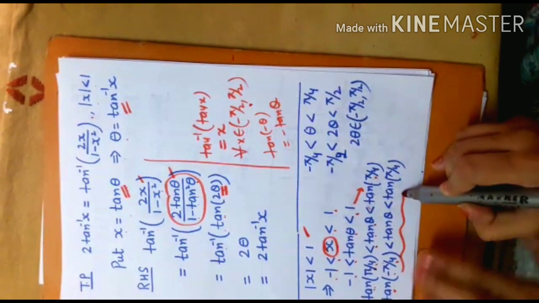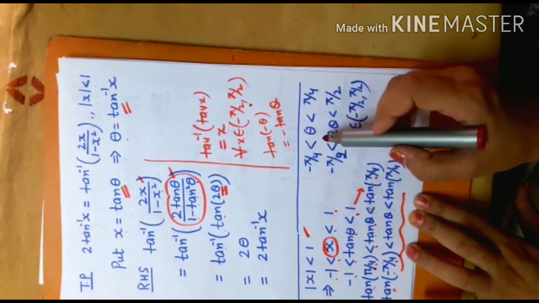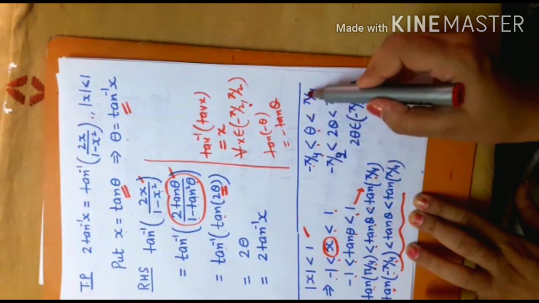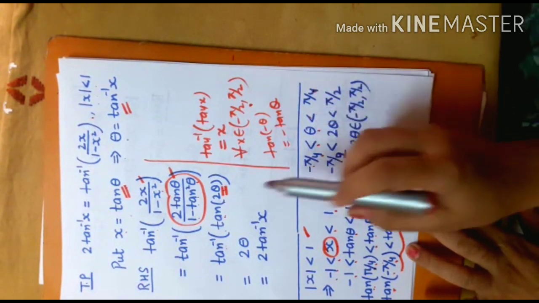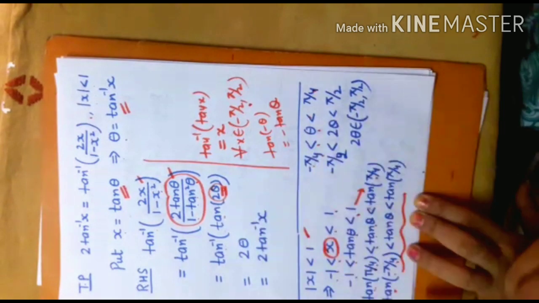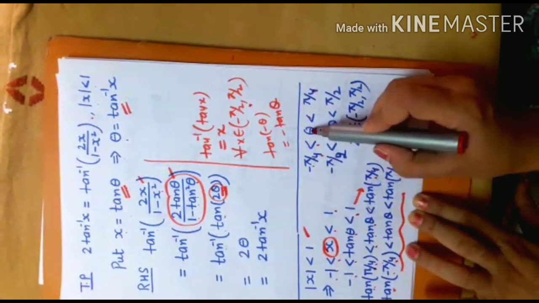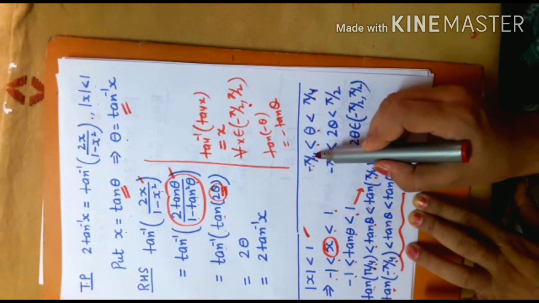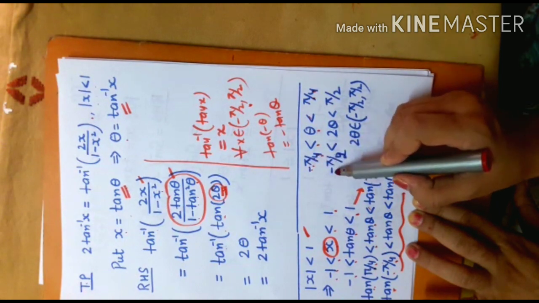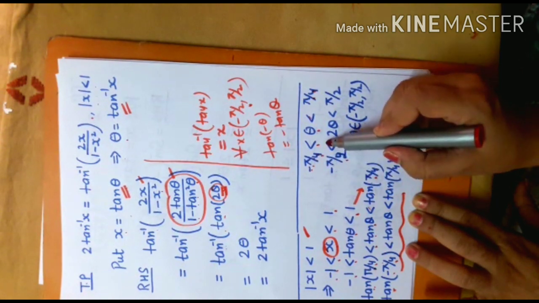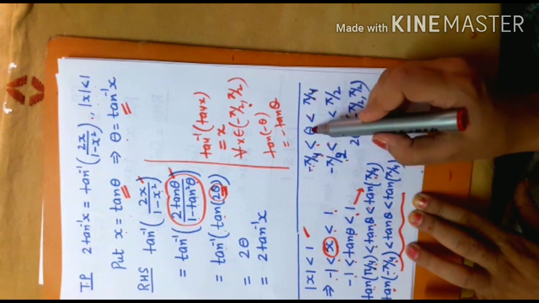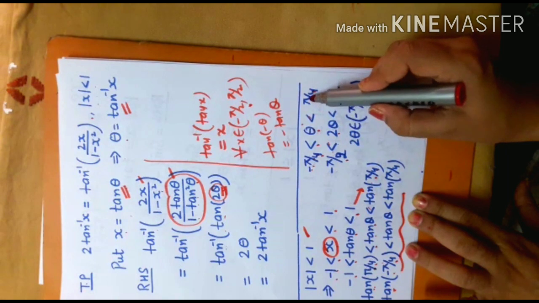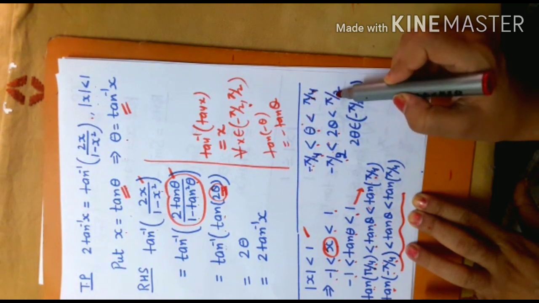So I'll get this. So this will imply that theta is greater than minus pi by 4 and less than pi by 4. I want 2 theta. So I will multiply each one of them with 2. So minus pi by 4 when multiplied with 2 will give you minus pi by 2, theta when multiplied by 2 will give you 2 theta, and pi by 4 when multiplied with 2 will give you pi by 2.